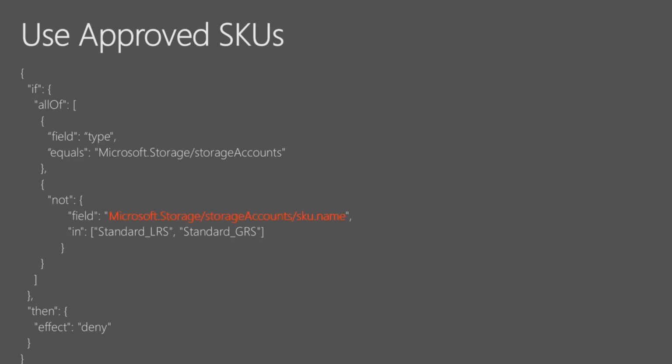It's called Microsoft.Storage/storageAccounts/sku.name. That's a property alias, and I'll talk about what a property alias is shortly. But this is the way you specify how you want to control the SKU. In the SKU name, you can have Standard_LRS, Standard_GRS. If it doesn't meet the requirements, you will deny the request.